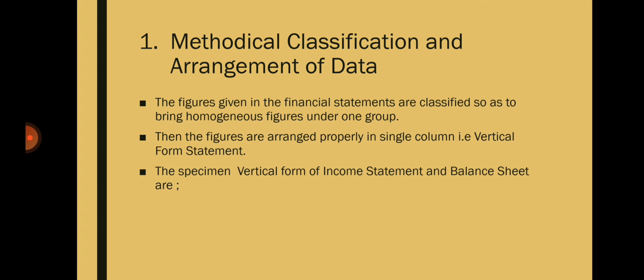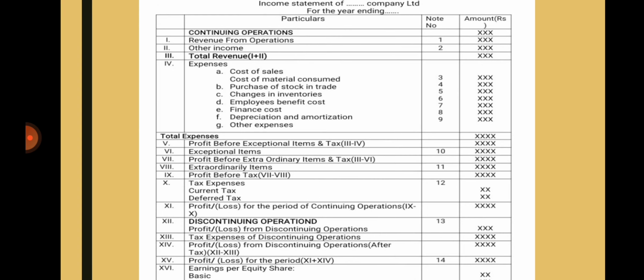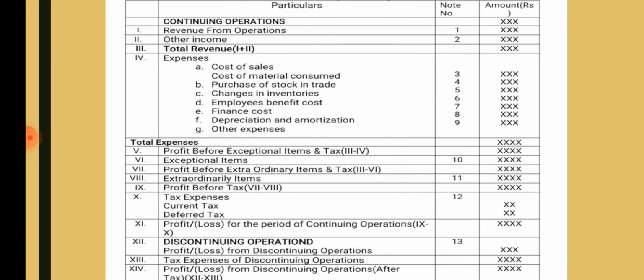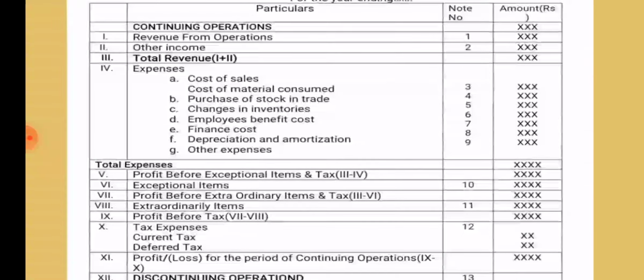So here we can see the format of the income statement. First, the name of the company, that is income statement of XYZ or ABC company limited for the year ending. Then we take the first information relating to continuing operations.